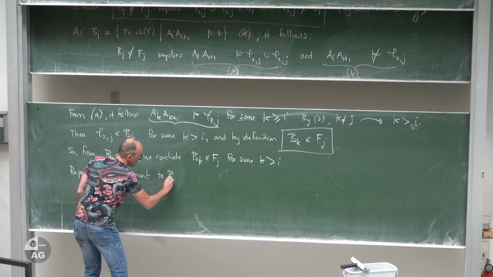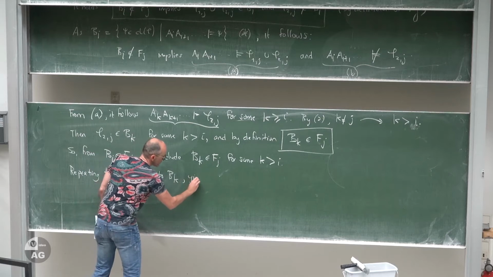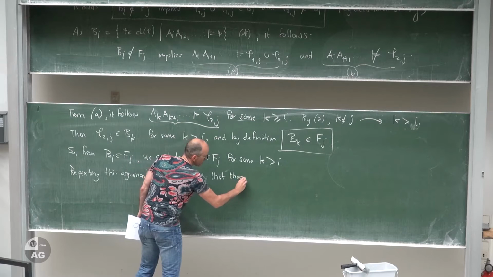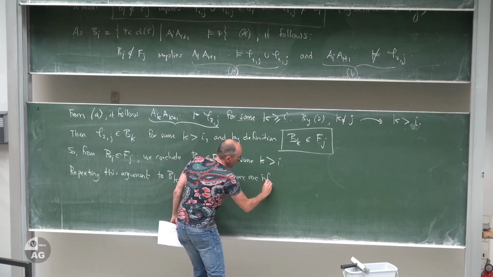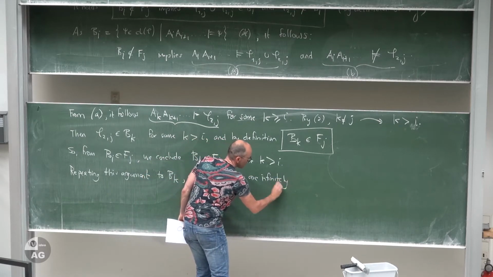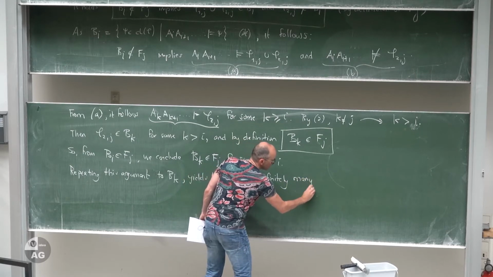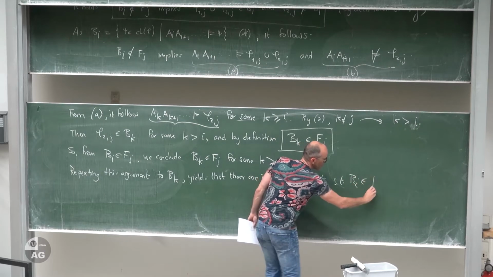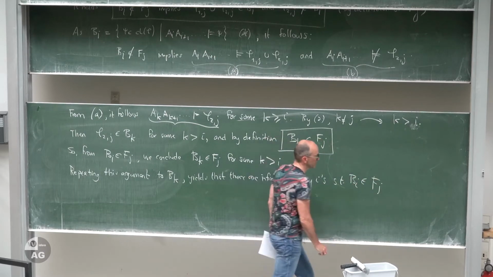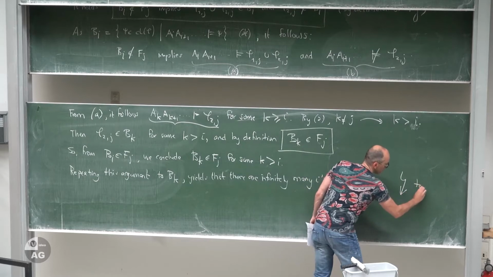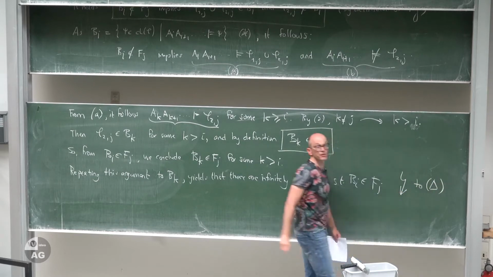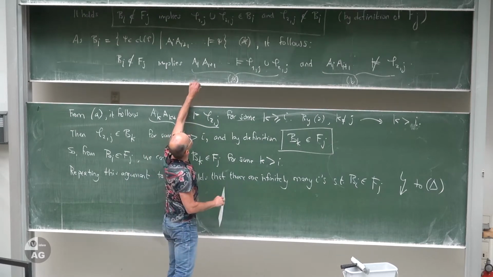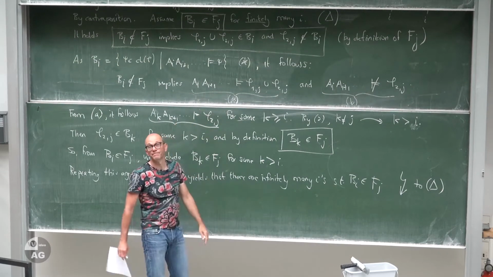To bk yields that there are infinitely many i's such that bi is in Fj. This is a contradiction to the formula which was in the triangle, because the triangle said there are only finitely many.